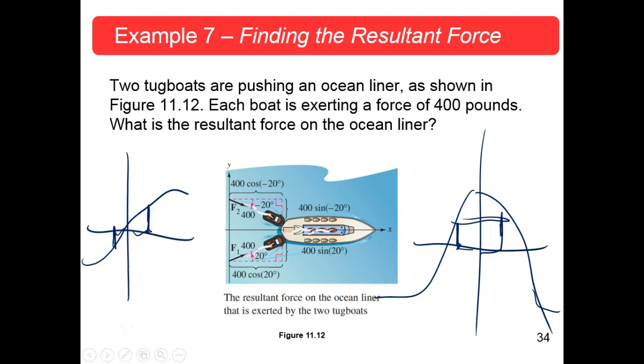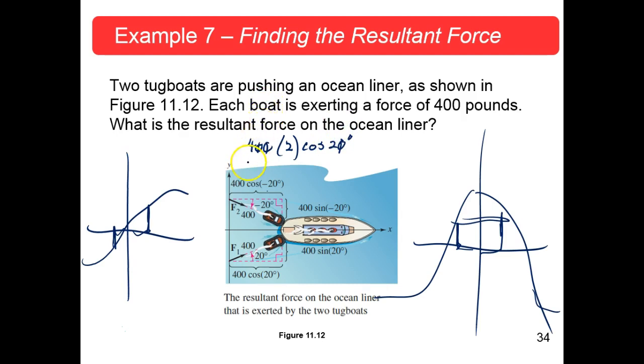Same value, but opposite signs. So the sine is an odd function. Since cosine of minus 20 is the same as cosine of positive 20, you add those two together. So your x component will be 400 times 2 times the cosine of 20 degrees, because cosine of minus 20 is the same as cosine of 20.